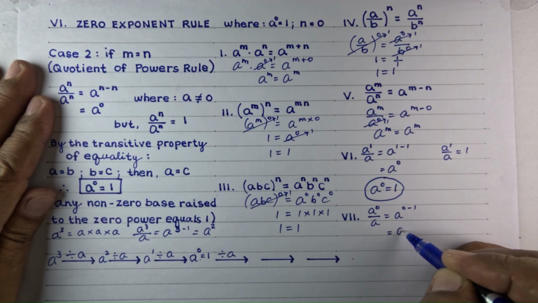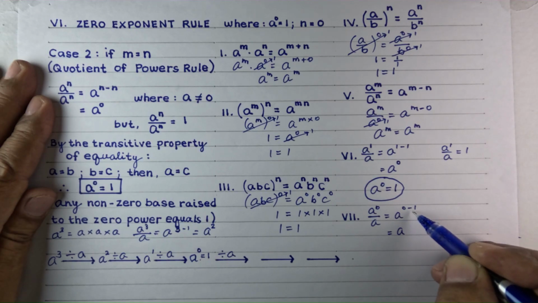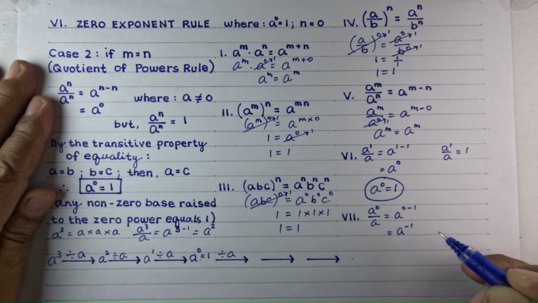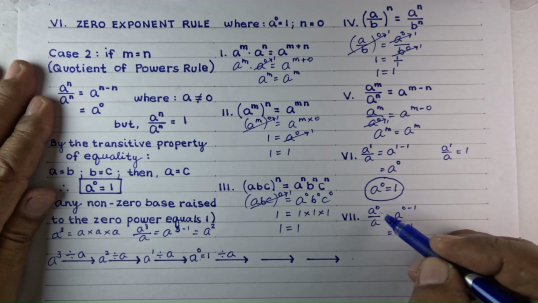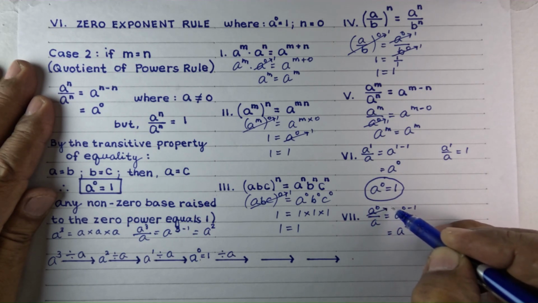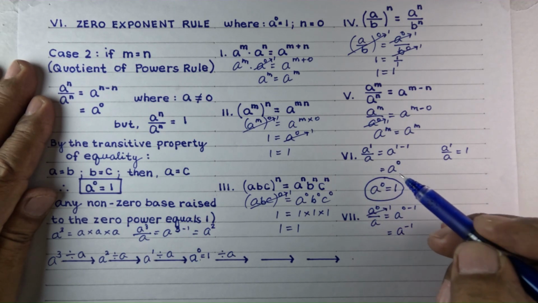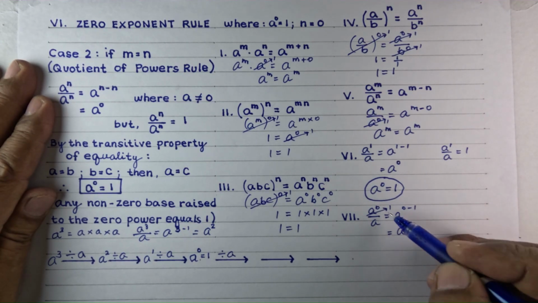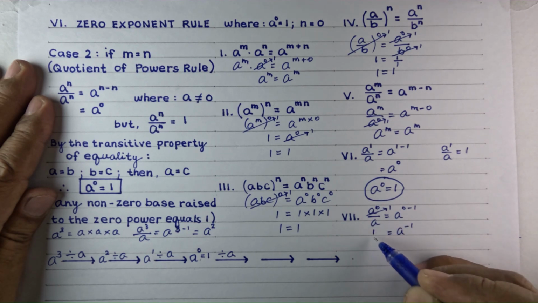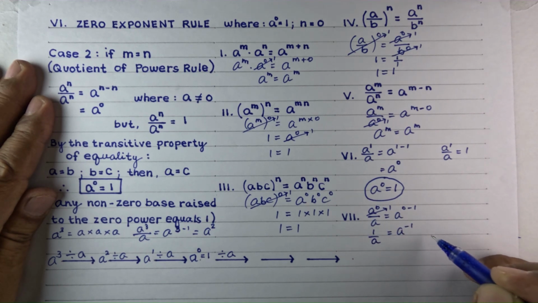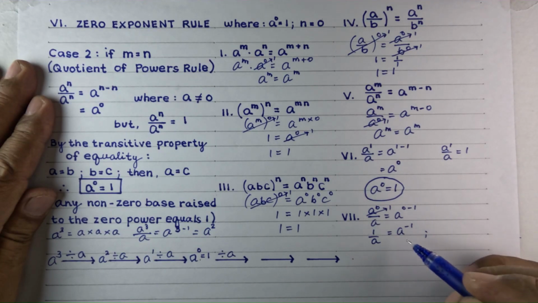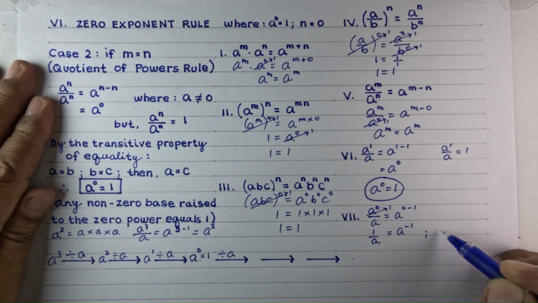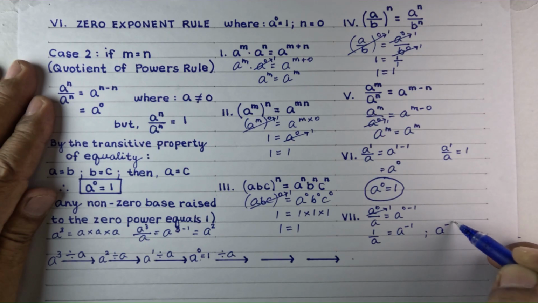So this is now a to the power 0 minus 1 is minus 1. But a to the 0 equals 1. Having verified this to be valid and true, this becomes now 1 over a, or simply a to the minus 1 equals 1 over a.